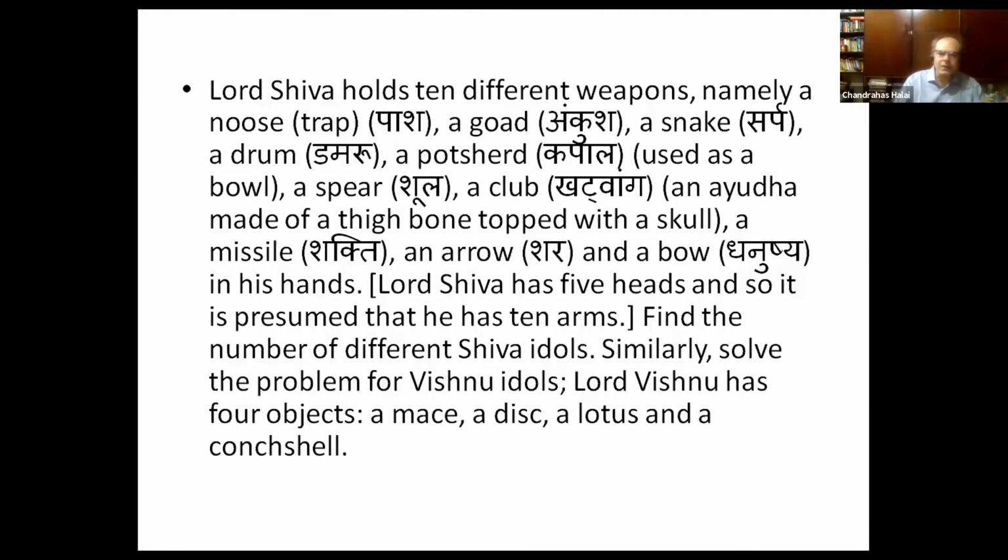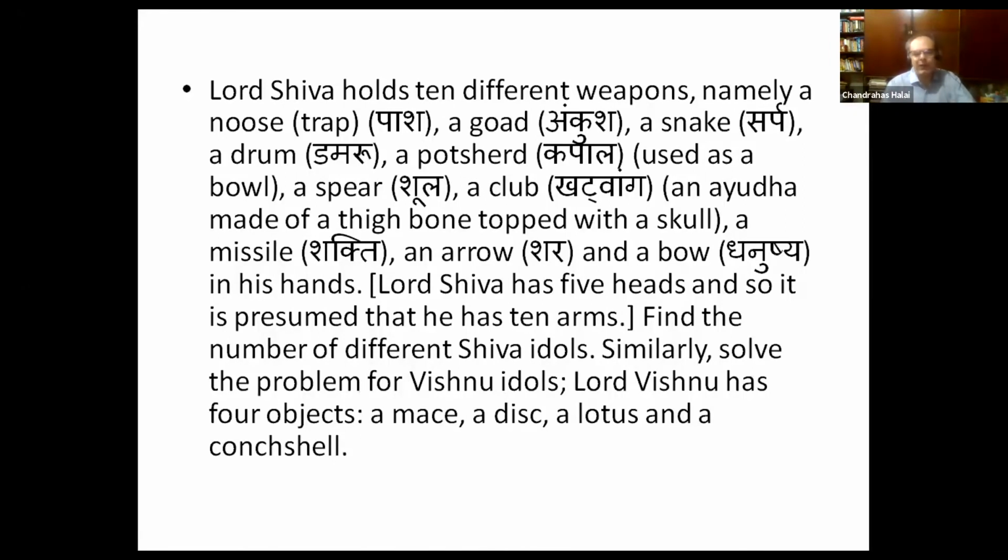Lord Shiv holds 10 different weapons, namely a pash or a trap, ankush, sarp, damru, kapal, a shul, that is a spear, khatwang or a club, a missile, an arrow, and a bow. Now find the number of different Shiva idols.